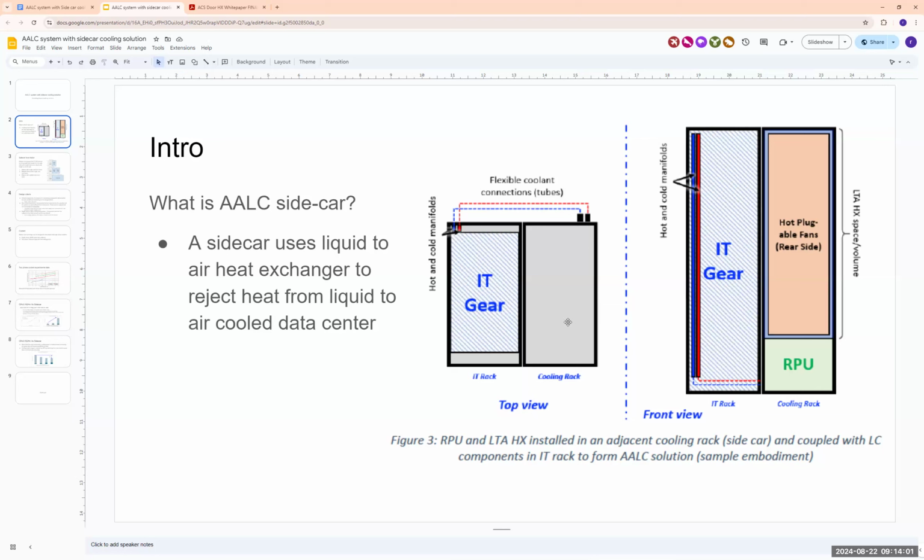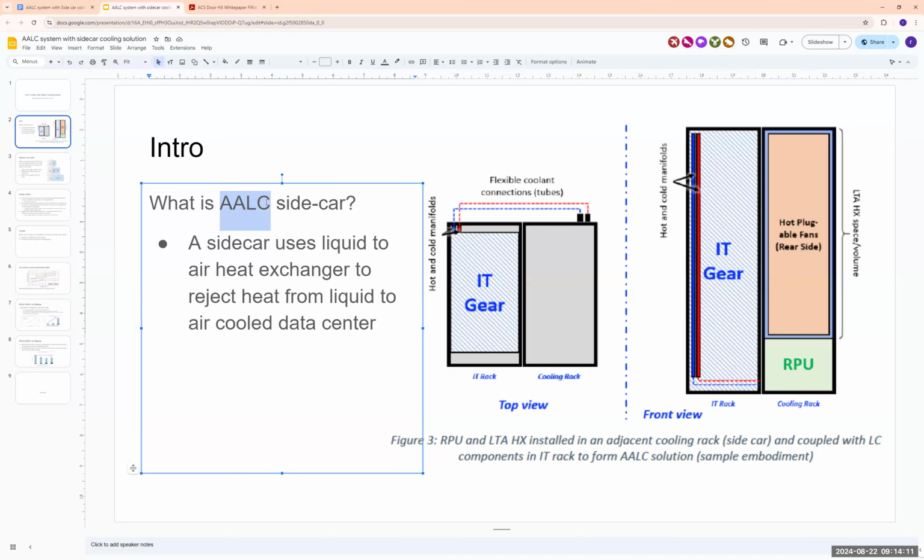Yeah, but like I said, this is not a sidecar. This is an air-assisted sidecar. Because people will not know what AALC is. Do you want me to expand air-assisted liquid cooling? No, you can put there air-assisted sidecar.